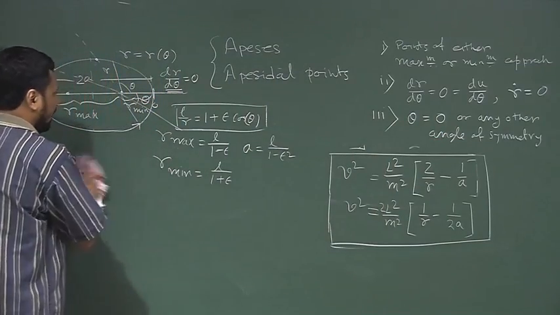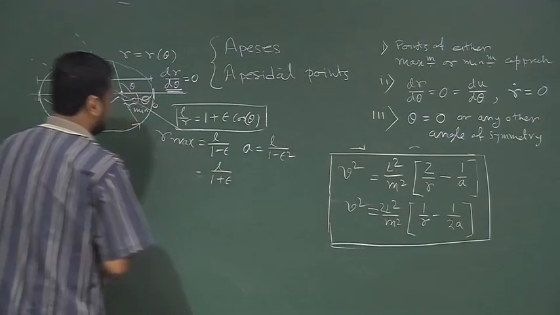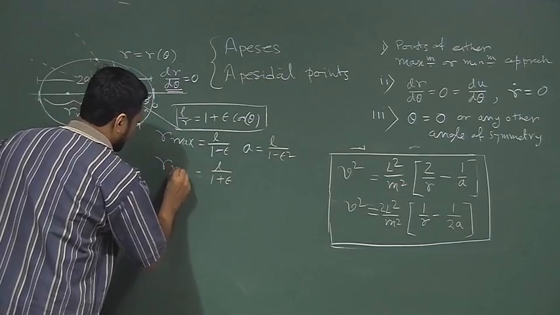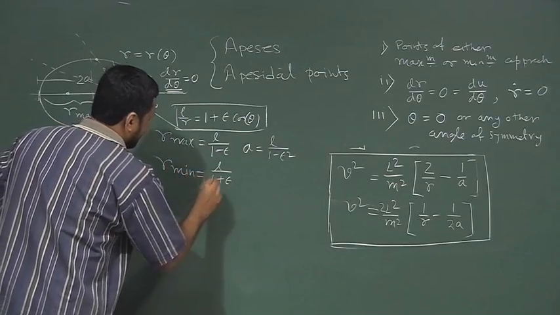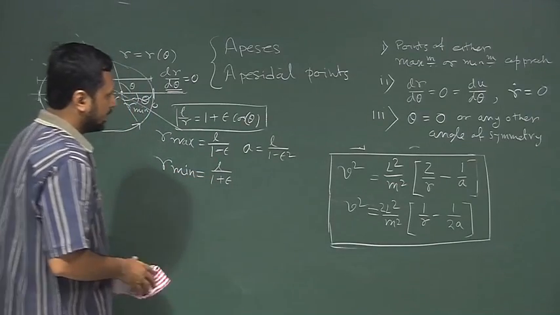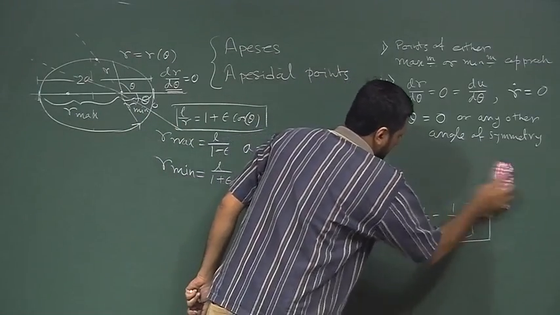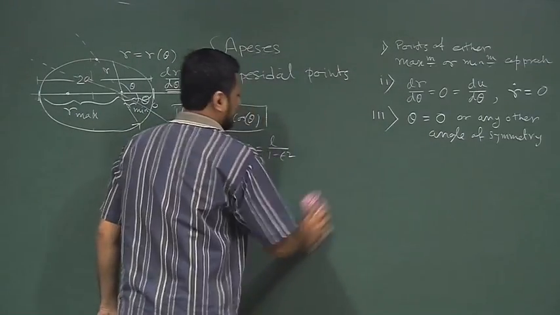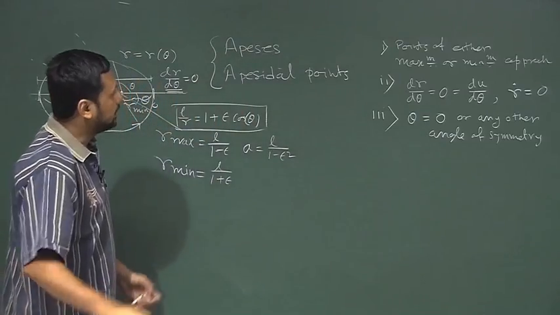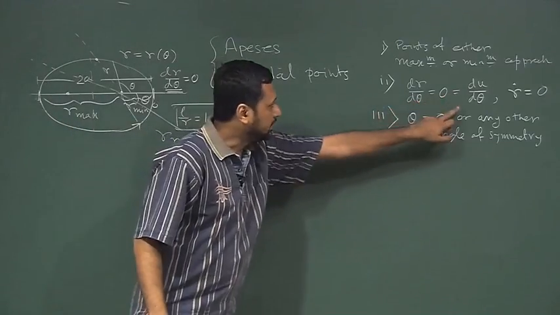Right. Now, let us look at this carefully. We have a few relations or few conditions for apsidal points. One of the conditions is du d theta will vanish.